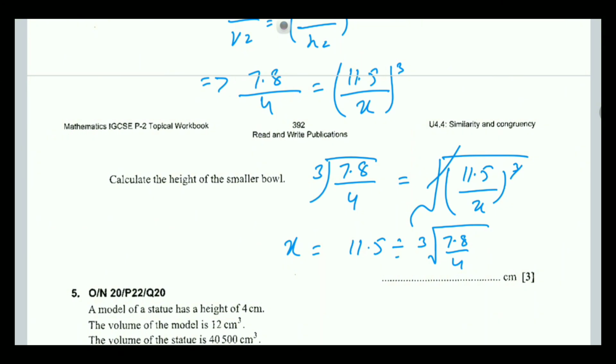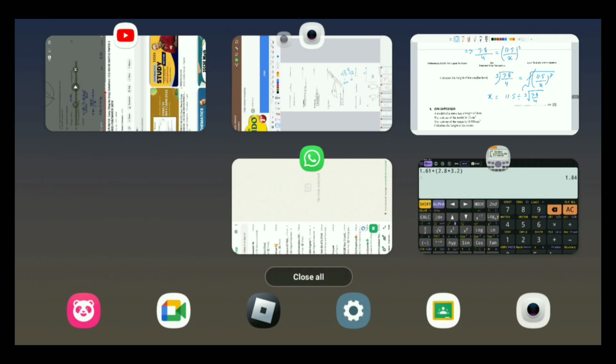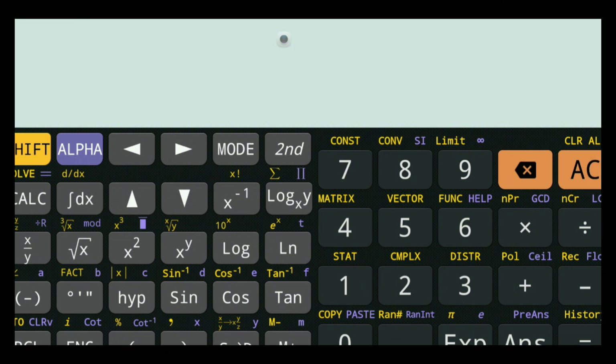So this is the way how you can solve this question, and let me tell you how to put it in the calculator at once. 11.5, divided by cube root, and 7.8 over 4 should be in the bracket.